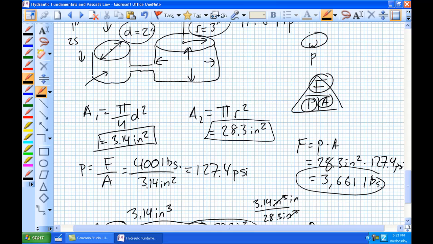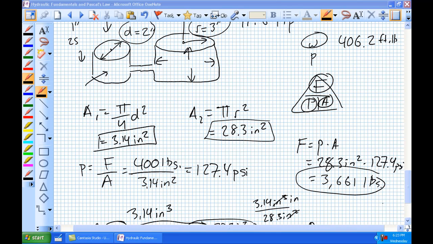What is the work accomplished by the system? 406.2 foot-pounds of work. Which, if you are a very astute person, is a totally wrong answer.